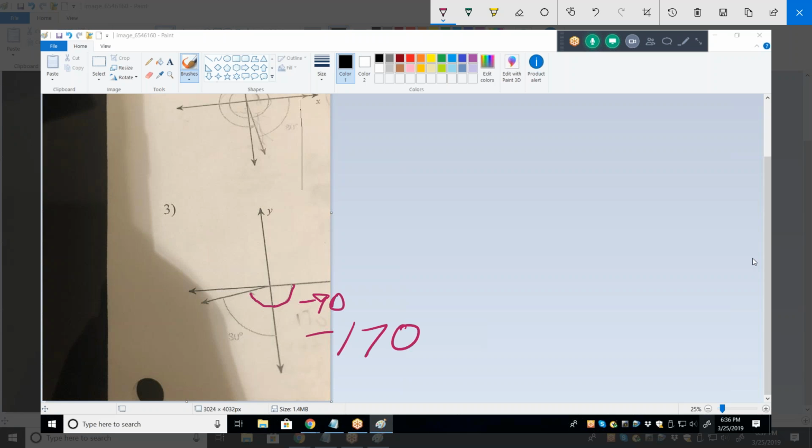And that's the correct answer. Now, that happens to be coterminal with a 190 degree angle. In other words, if I were to have drawn it like this, that angle is going to be 190. So it's coterminal, a multiple of 360. Okay.